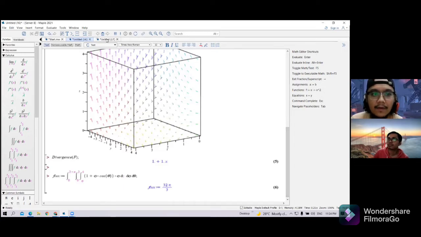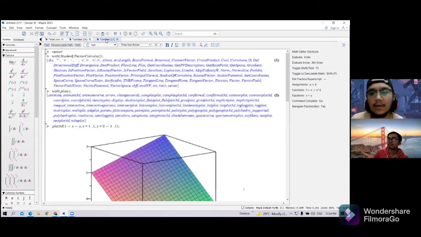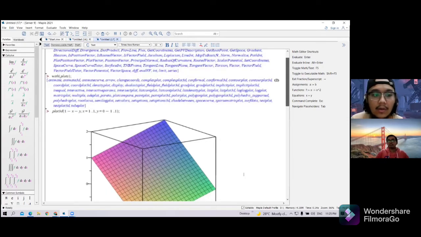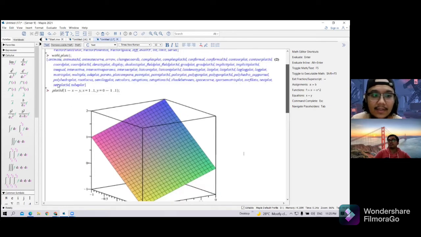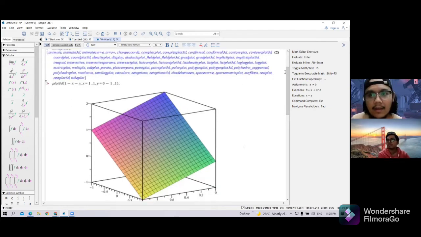Okay. For question C, we still use the Maple software. The first command is restart. So we are using student vector calculus. And next, the second step, we use the plots command to make the 3D plot. So this is the equation.